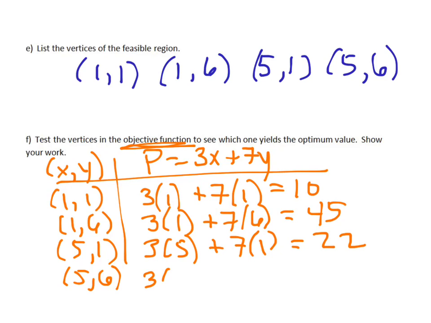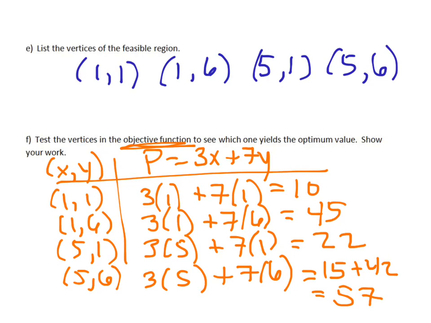And 5, 6 gives me 15 and 42, or 57. Okay, so it looks like in this case that the maximum profit can be found at that vertex 5, 6.